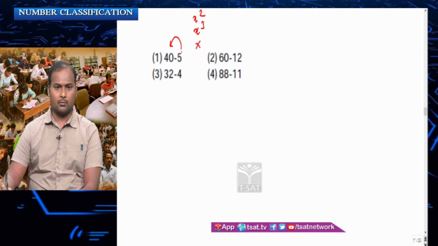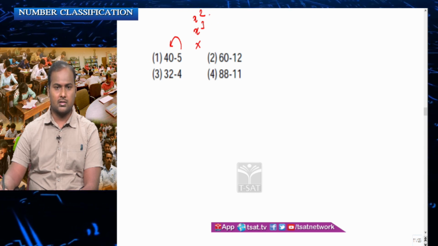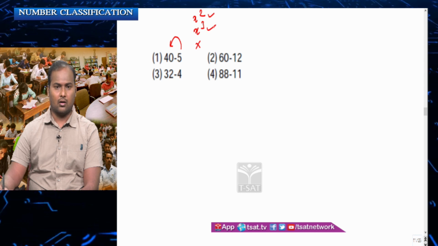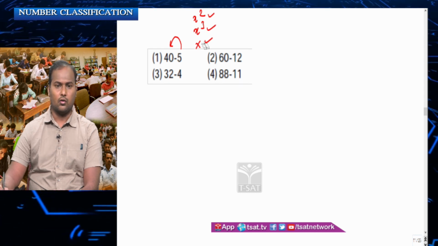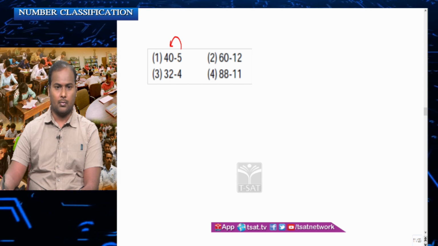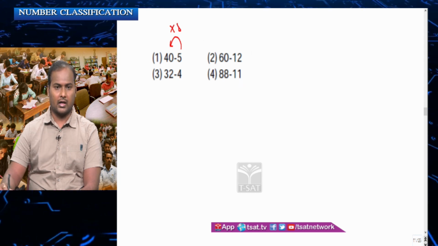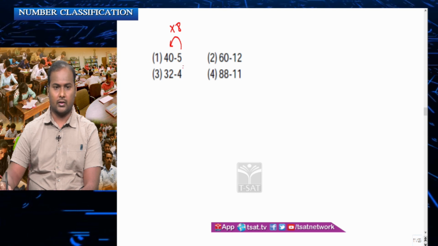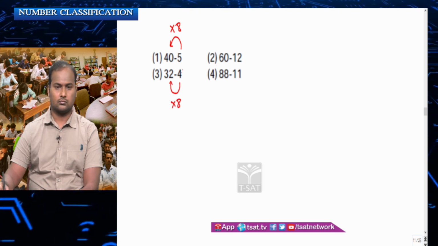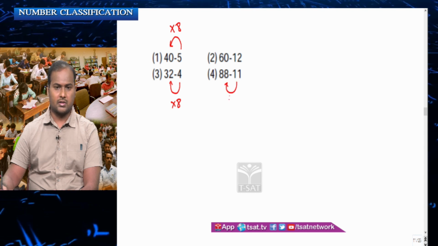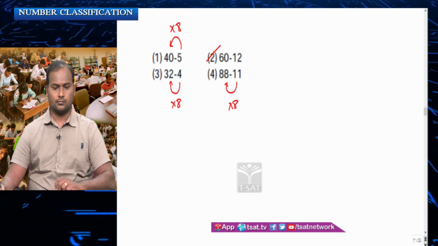The moment you see the number going from small number to big number, what you have to analyze in the exam is either it may be a square or cube or multiplication. So try to check with these three, you may get the answer. But in this case, directly I know that 540, it is 8 times. So 5 8 times 40, 4 8 times 32, 11 8 times 88. So obviously your answer is 2.